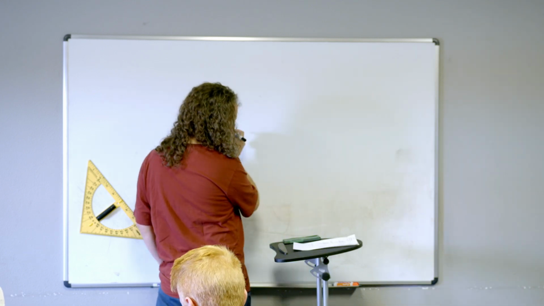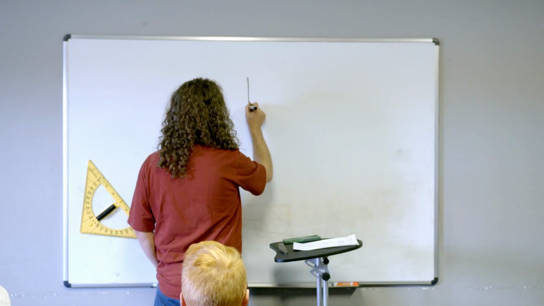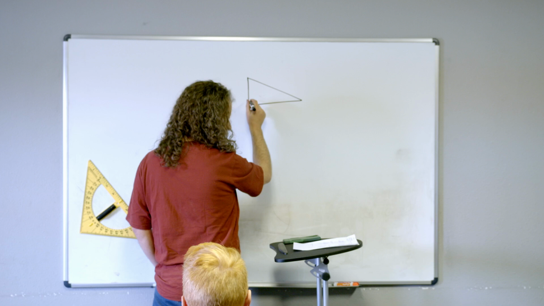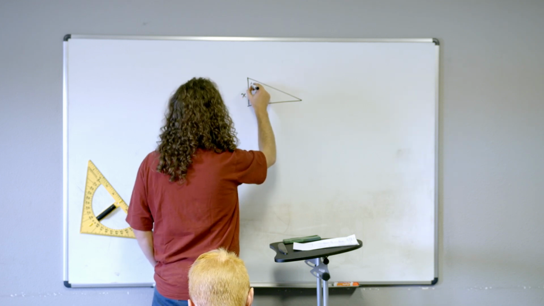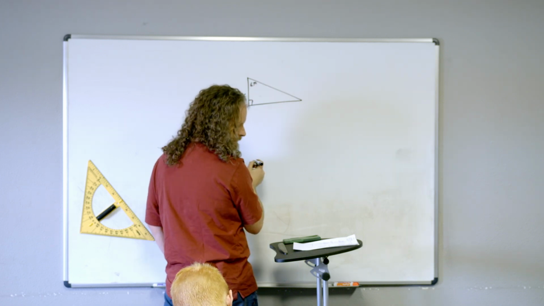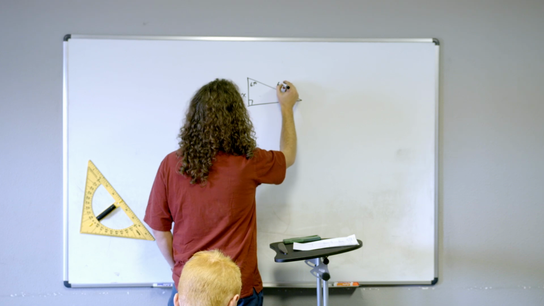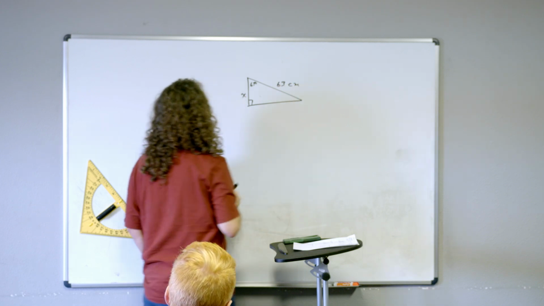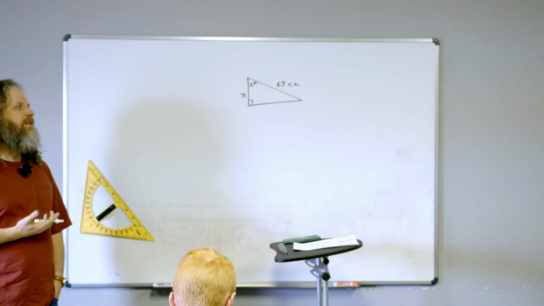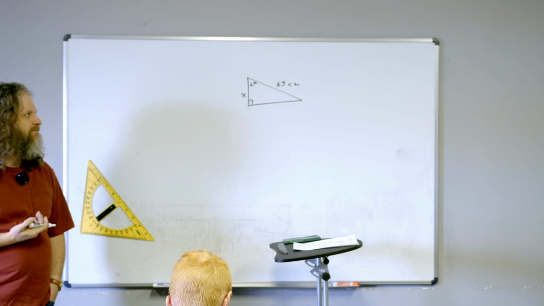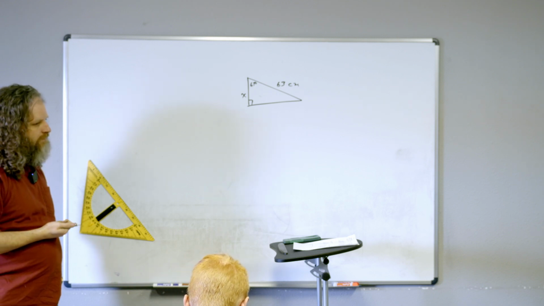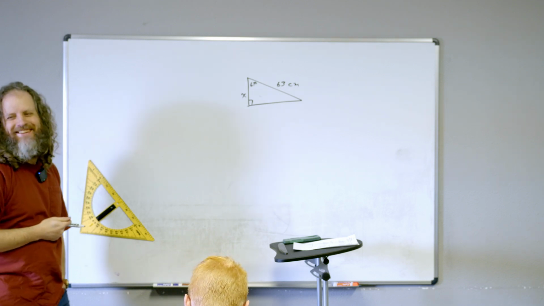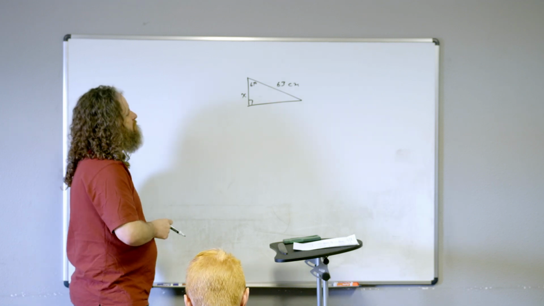Okay, so we're supposed to find the value of x, and we're given this triangle right here. This is x, this is 67 degrees. This is 63 centimeters. What trig function is this? I used to know this.